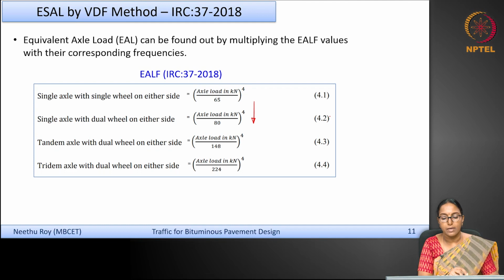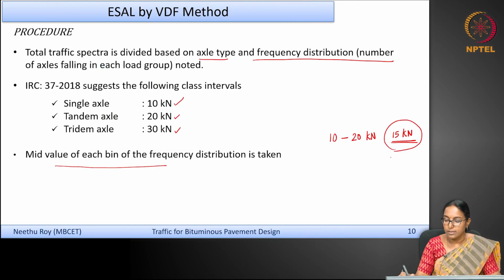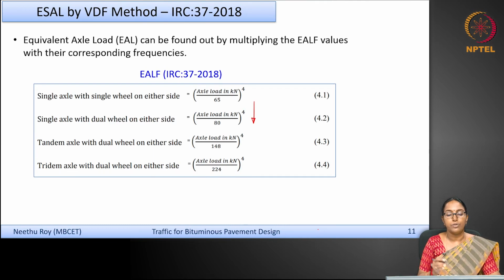Once you get the EALF factor, you multiply it by the number of axles in that group. Suppose there are, say, 25 axles in this group, you get the EALF for this particular axle load group and multiply it with 25, that is the frequency, and that will give you the conversion to equivalent single axle loads for that bin or for that axle group.